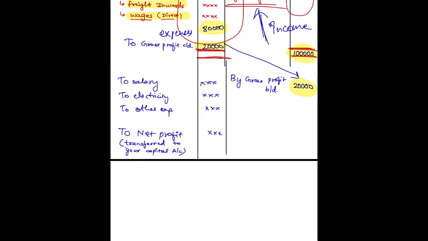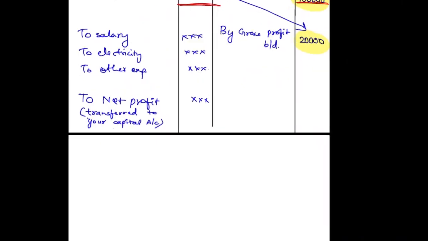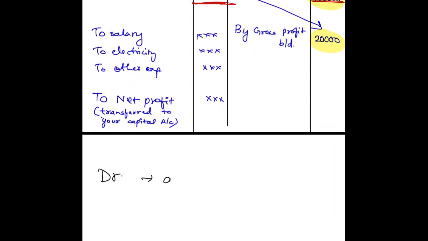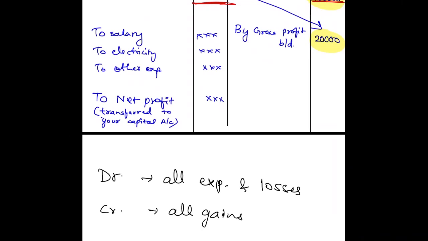Sir, what if we have some other income? For example, interest is earned, where will we write it? We will write it on the credit side, because the accounting rule says: debit all expenses and losses, credit all gains and income.